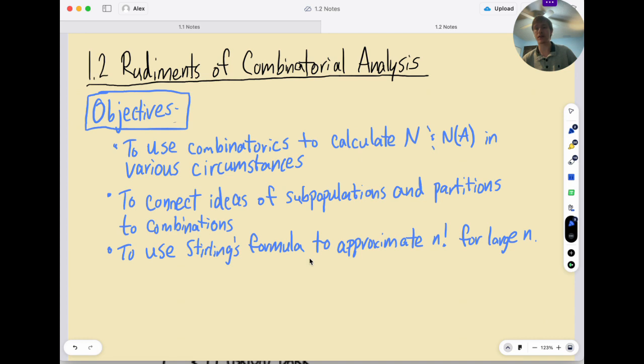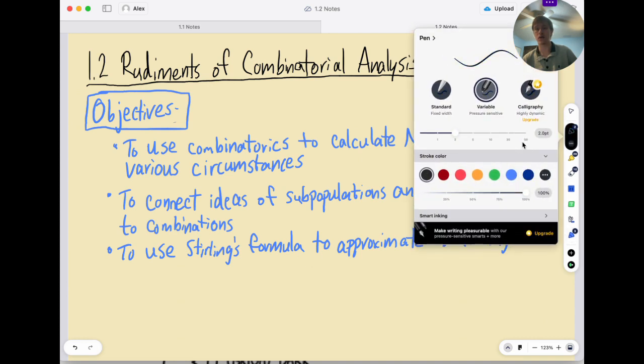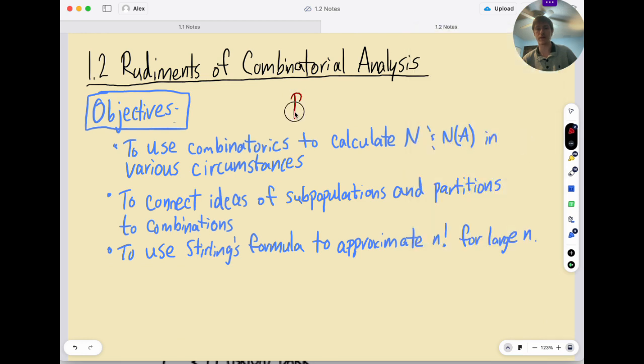So we know that probability, if you'll recall, the formula for probability was N of A divided by N. And I said this is a deceptively simple formula, but calculating these numbers in a variety of situations, that's going to be the tricky part and what we're going to focus on.